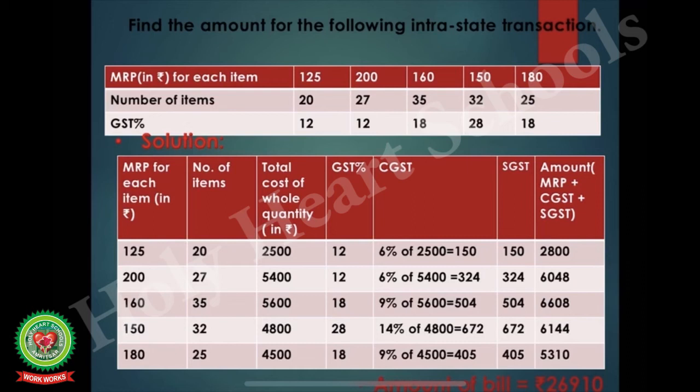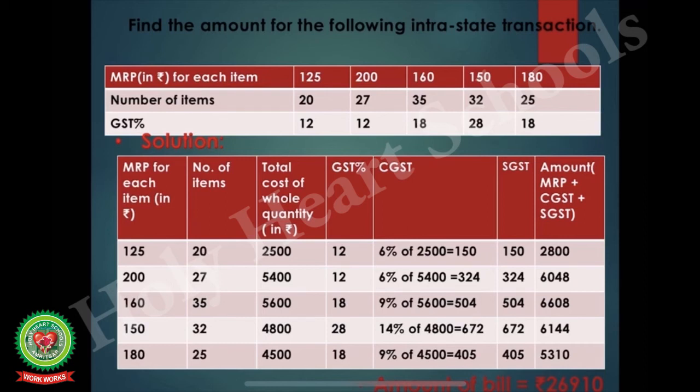Now the MRP for the last item is rupees 180, and the number of items purchased are 25. So the total cost of whole quantity will be rupees 4500, and the rate of GST is given as 18%. So the CGST will be 9% of rupees 4500, which is equal to rupees 405, and SGST will also be equal to 405, and the amount will come out to be rupees 5310.